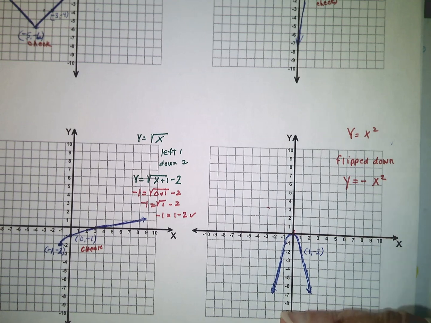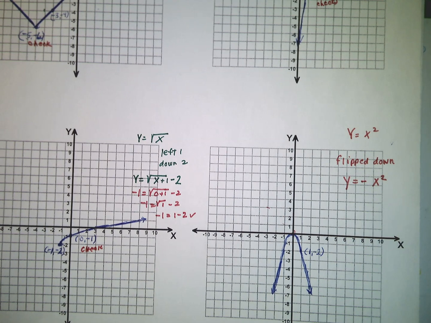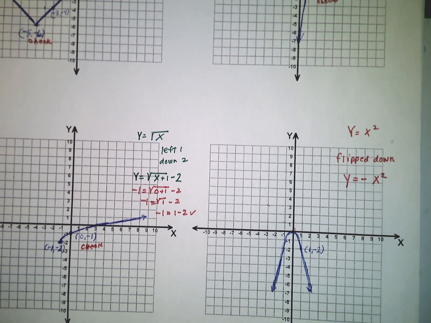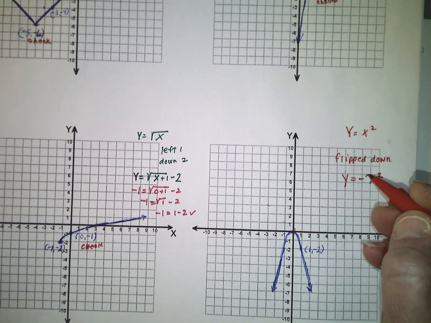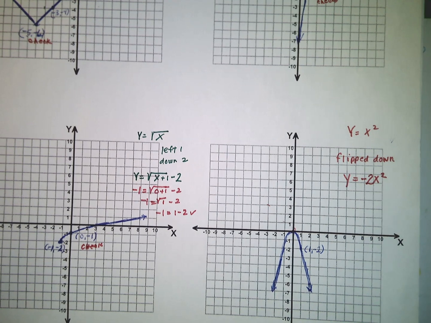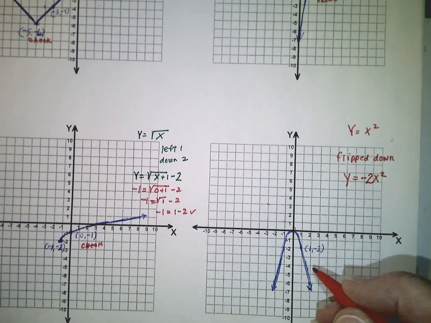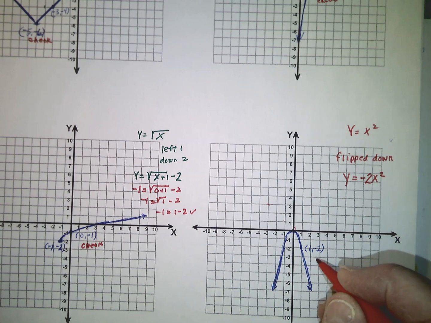The graph didn't get moved down any, didn't get moved left or right any. So if it came out to a negative 2 there, it was probably multiplied by 2. This is going to be a vertical stretch factor. We should check this point.